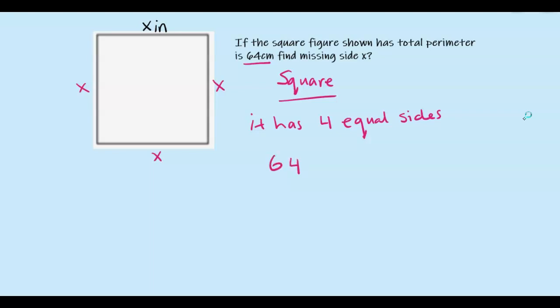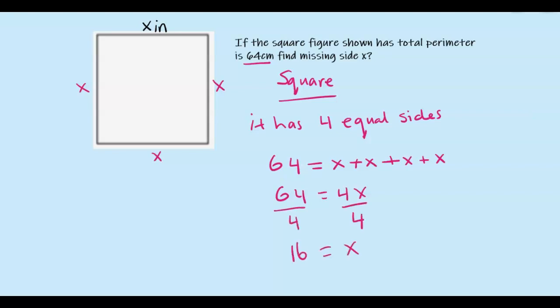all that we have to do to get each of them is divide, because we know that 64 is equal to x plus x plus x plus x, so we have 4 of the x here, and we divide both sides by 4.